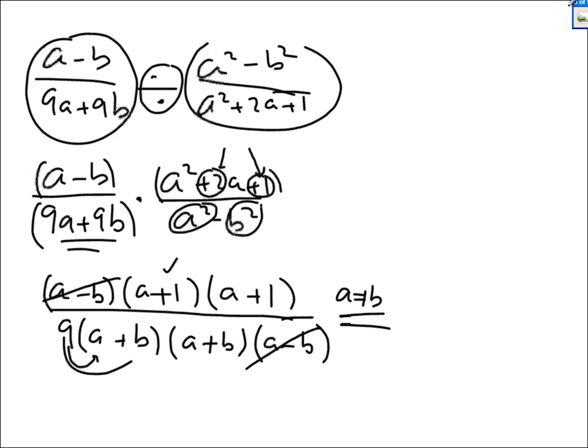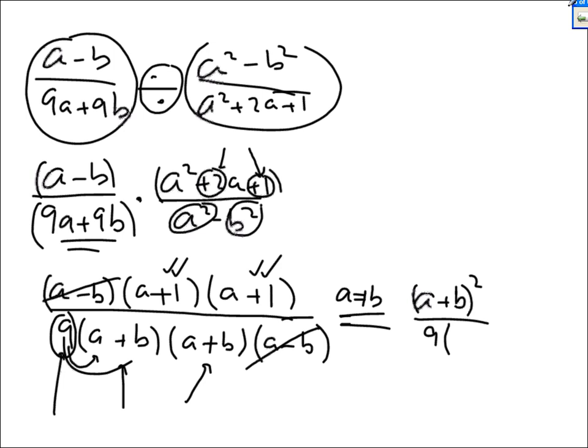So we get a plus 1 times a plus 1, which is a plus 1 squared, divided by the 9, times a plus b times a plus b. The numerator, as I said, should be a plus 1 squared. I'll change that.